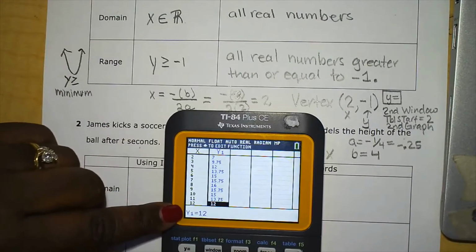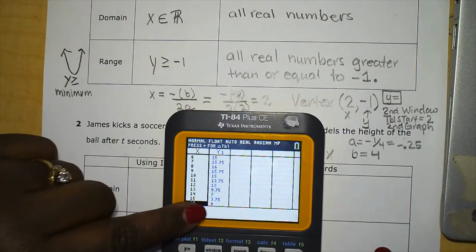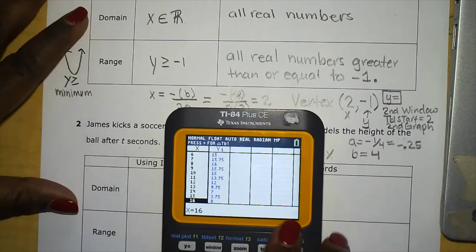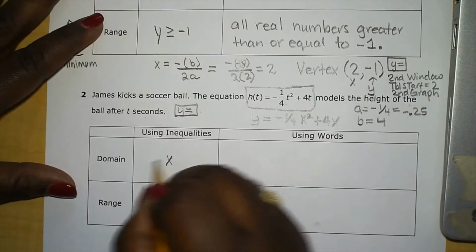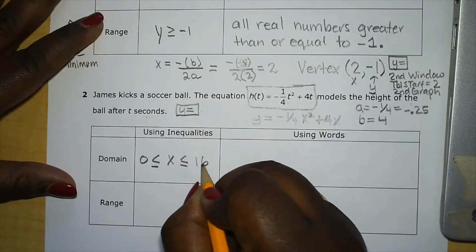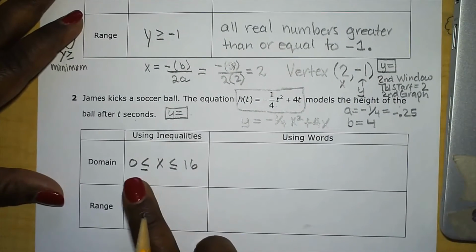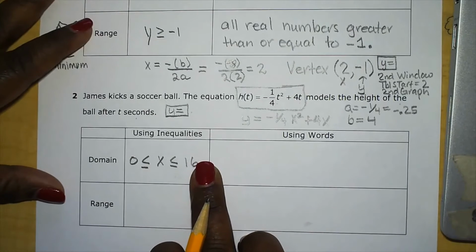At 12 seconds, it's coming down out of the air. At 15 seconds, it's at 3.75 feet. At 16 seconds, it's at 0. So I see what happened. My ball went from 0 seconds to 16 seconds when it hit the ground again.